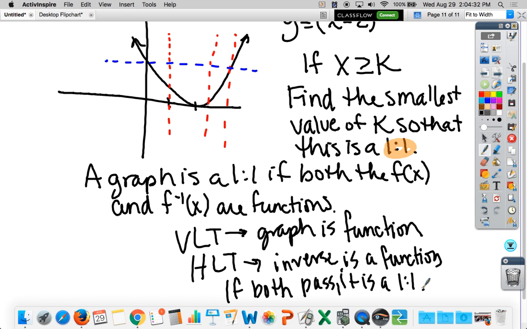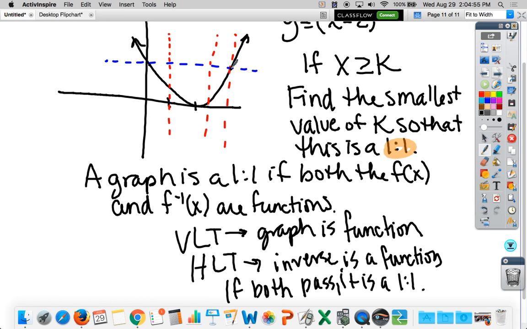It passes the vertical, but it hits here and here. Even if I draw it one time and it hits the same thing twice, it fails. So this fails the horizontal.